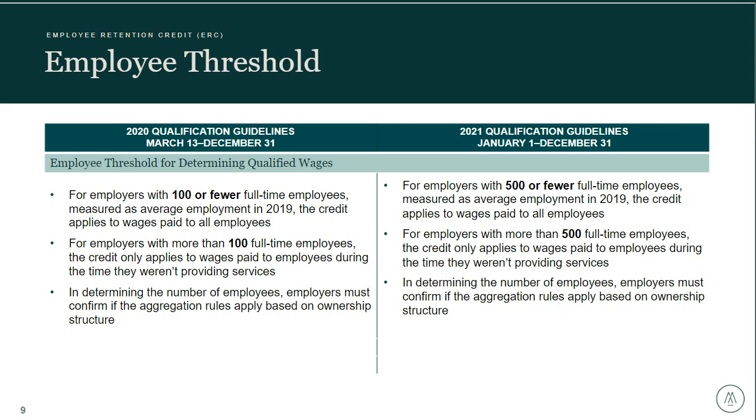And that actually ties in with one of the questions that was being asked, which is, how exactly can we determine which wages were paid to team members who are not providing services? Yeah, that's a good question, and it gets into some of the nuance of the practicality of actually calculating the credit and identifying those qualified wages.